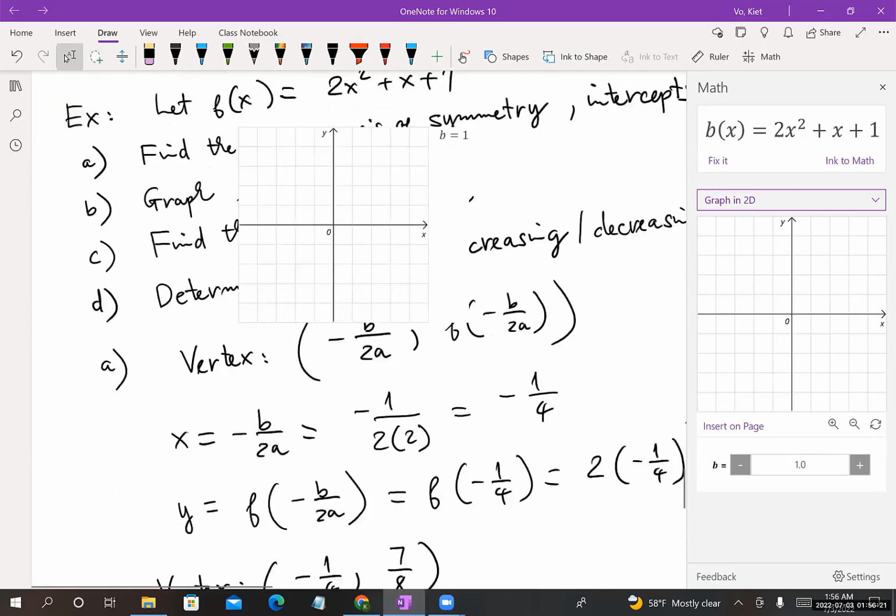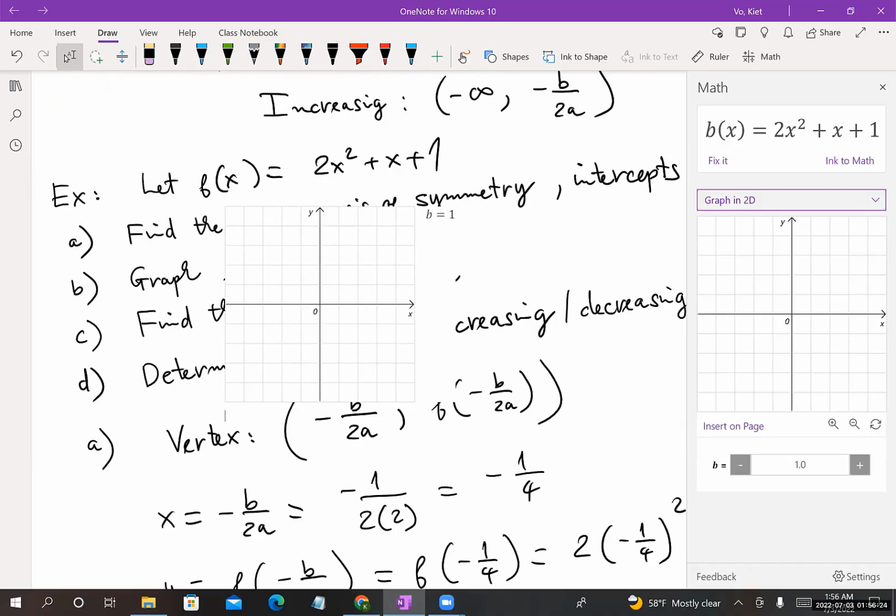So I want to put this coordinate system on here, and use it to sketch this.